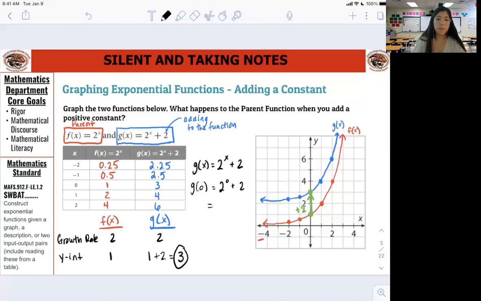So I could do this algebraically as well. I plug in 0, I get 1. 1 plus 2 is 3. So a couple of different ways to do that. But how do we feel? Do I have any questions on this function and its transformation?